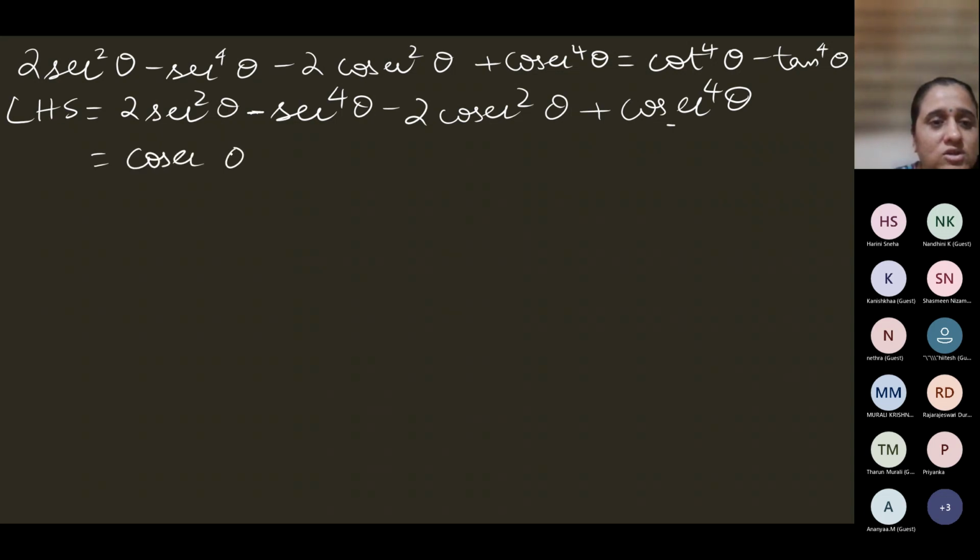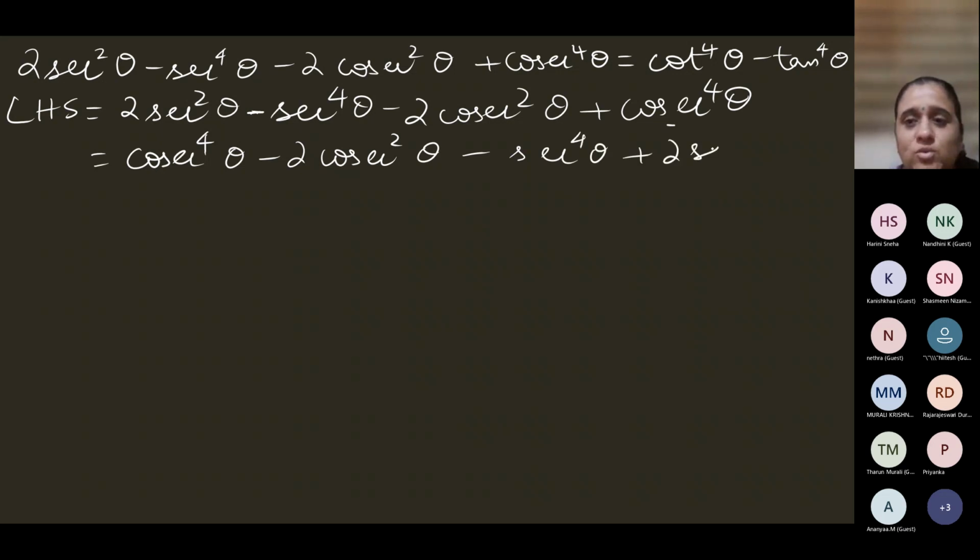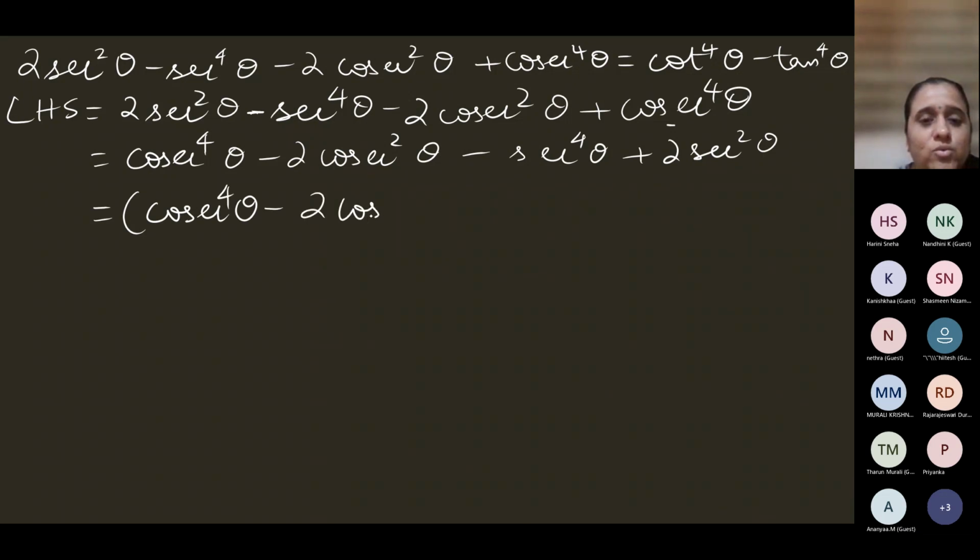Cosecant theta to the power 4, then minus 2 cosecant square theta. Then minus secant theta to the power 4 and plus 2 secant square theta. So we have grouped a square with 2ab; b square is not there. Now in the bracket we have cosecant theta to the power 4 minus 2 cosecant square theta, grouping these two.